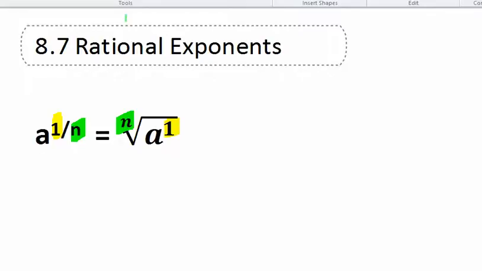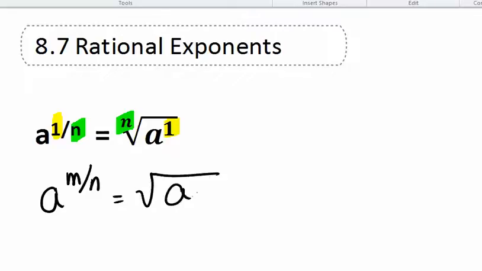Now, in this example right here, the numerator is just 1, but remember that can also apply with any number. So if I have something like this, a is the radicand that goes underneath the radical, the m becomes the exponent of the radicand, and the n, again, is that index.